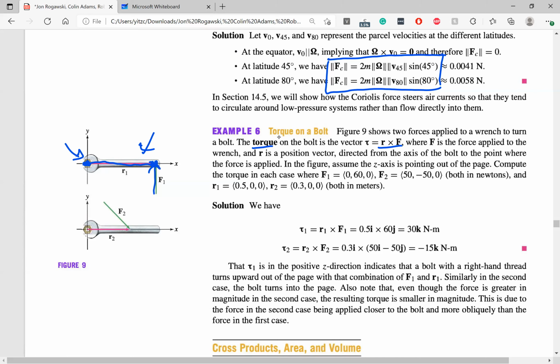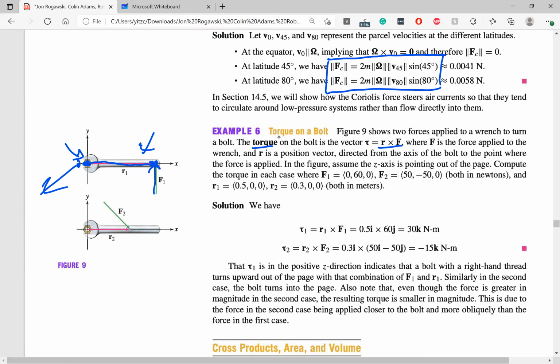Okay, so they want us to compute the torque in each case. And if you've seen, for example, these wheels that are spinning, and you have X and Y, for example, and now they start moving in the Z direction, suddenly there's some force in that direction. The reason that force appears is that the torque is always orthogonal to, for example, here R and F. So the force is going to be coming out like this, which is a counterintuitive thing.